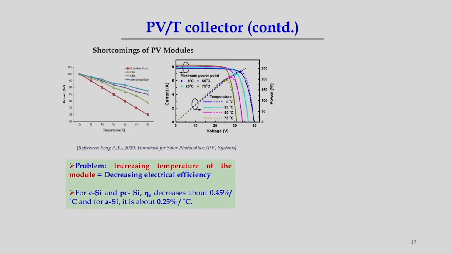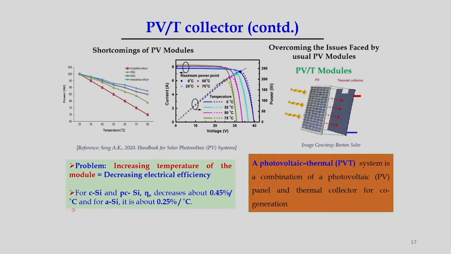For single crystalline silicon cells and polycrystalline silicon cells, this efficiency decreases about 0.45% per degree increase in temperature, and for amorphous silicon it is about 0.25% per degree increase in temperature.